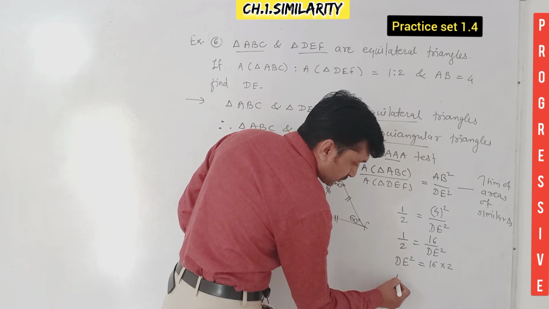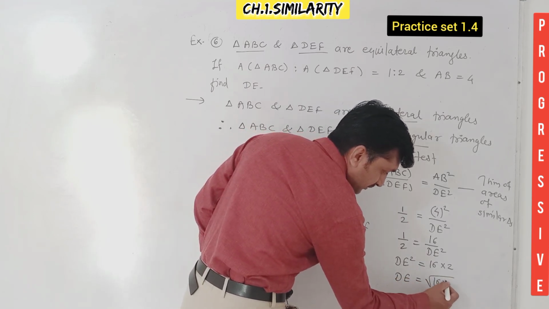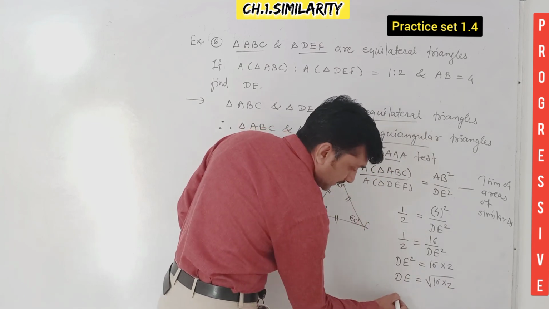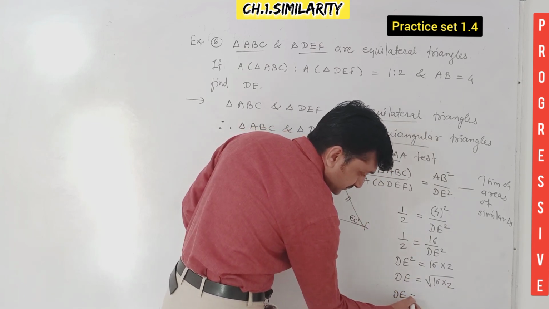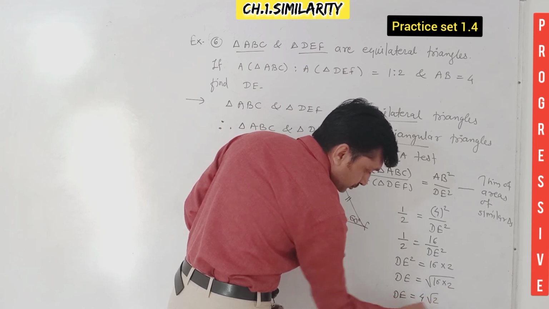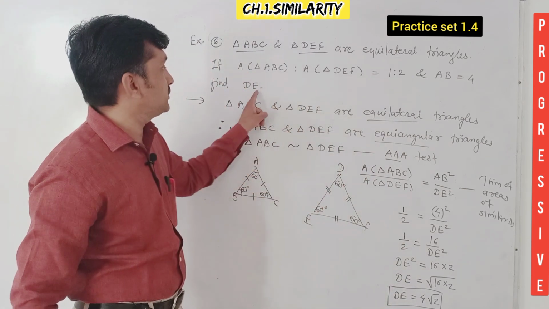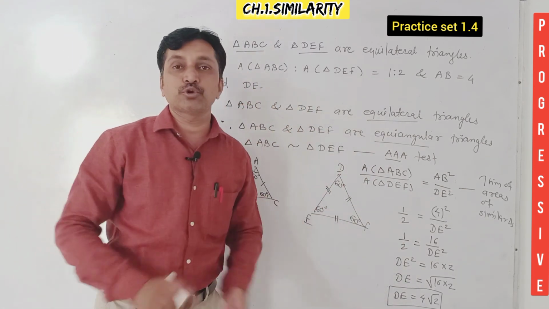Now take the square root: DE is equal to square root of 16 multiplied by 2, and at last we get the answer DE is equal to square root of 16 is 4. 2 is not a perfect square, therefore root 2. We got DE is equal to 4 square root of 2.